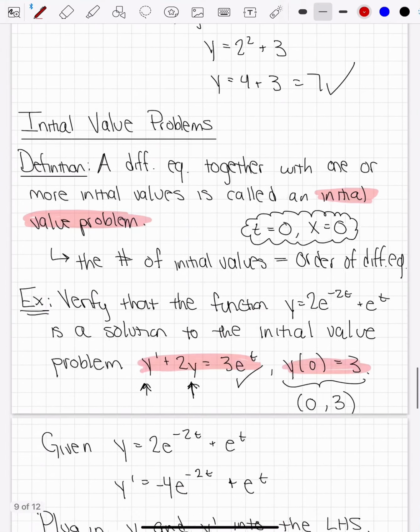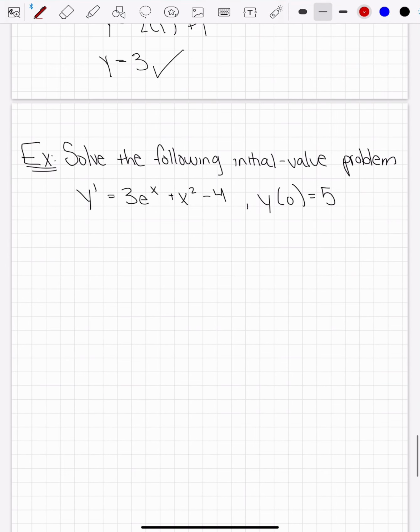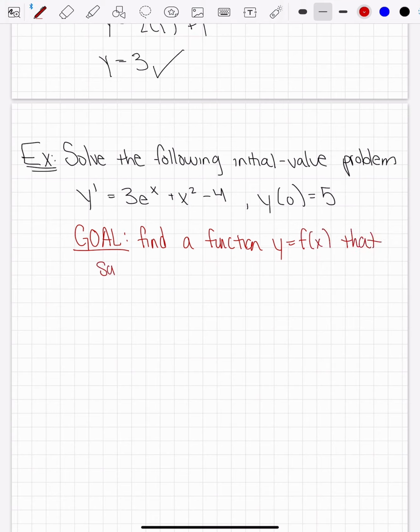So we have to find, right, so here our goal, since we want to solve the problem, is to find a function y equals f of x that satisfies the diff EQ, and the initial value, which means that it goes through that point, right?